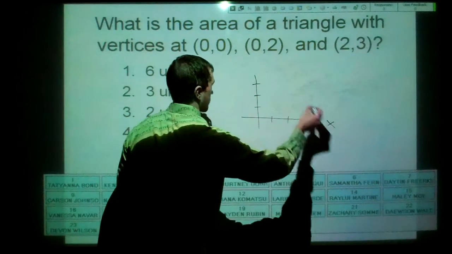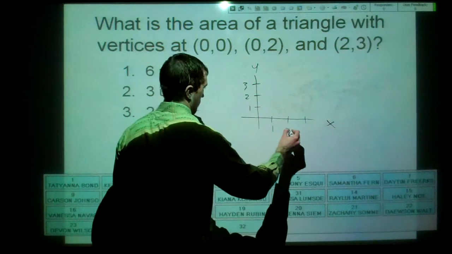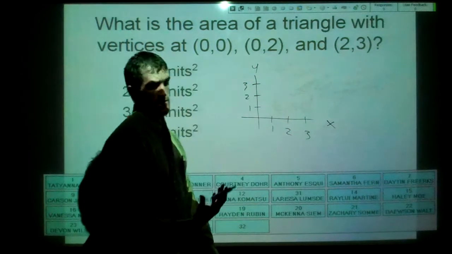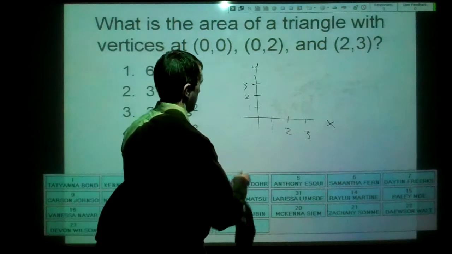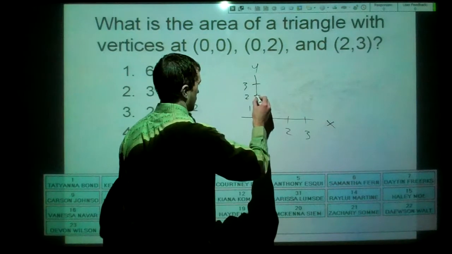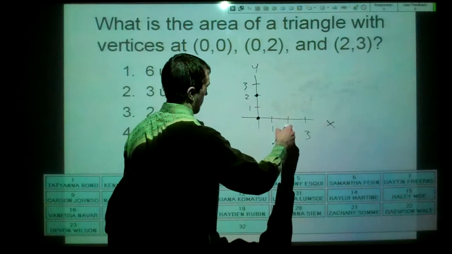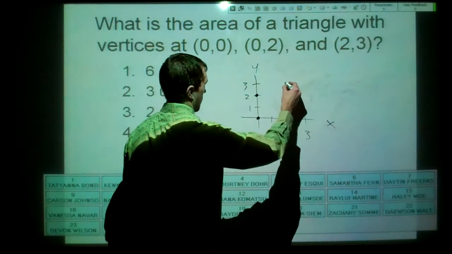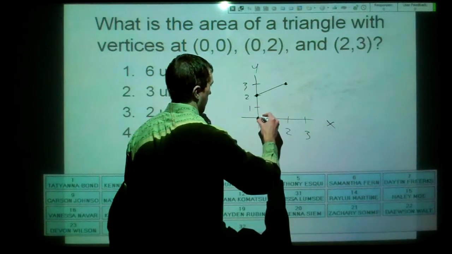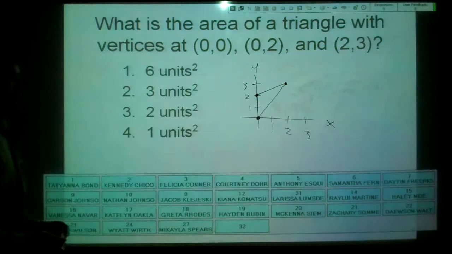So this is our X, this is our Y. We got 1, 2, 3, 1, 2, 3. So we're in the positive quadrant here. And 0, 0 is right here. 0, 2 is up here. And 2, 3 would be over 2 and up 3. So about right there. So we're looking at that triangle.